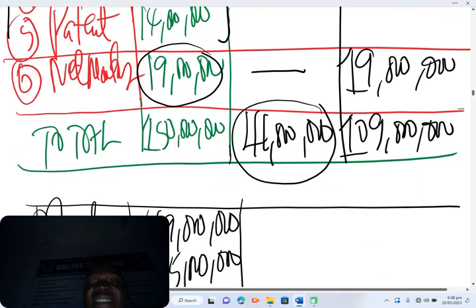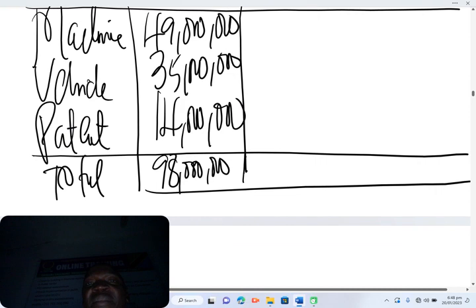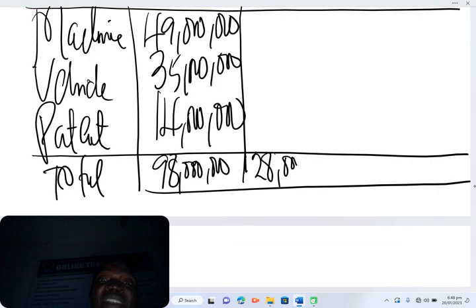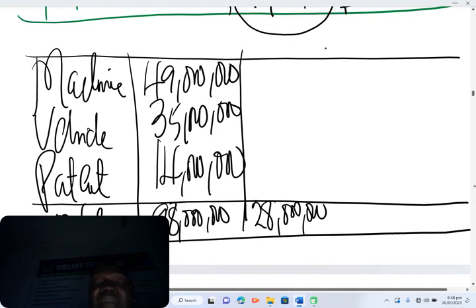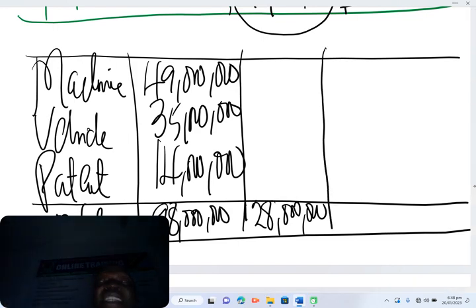How much is remaining? 28. So the remaining impairment is 28. So what is the pro rata? You are now going to allocate this 28 over the 3 assets based on the carrying amount.